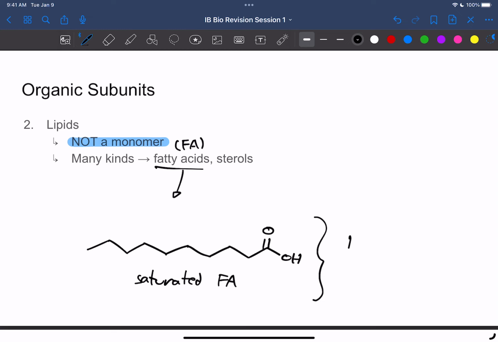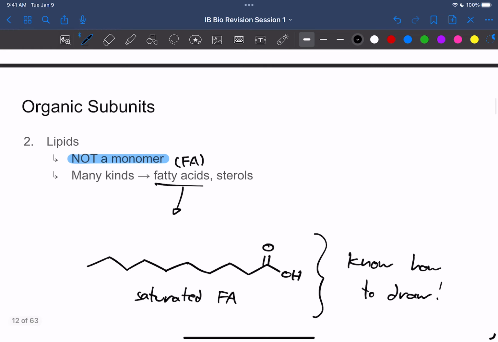This you're going to have to know how to draw for your exam. And you don't have to know the name, you don't have to know anything else, besides the fact that it's a hydrocarbon chain with an acid group at the end. That's all you're going to have to know in terms of how to draw.